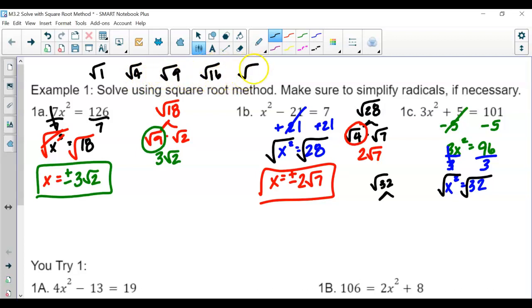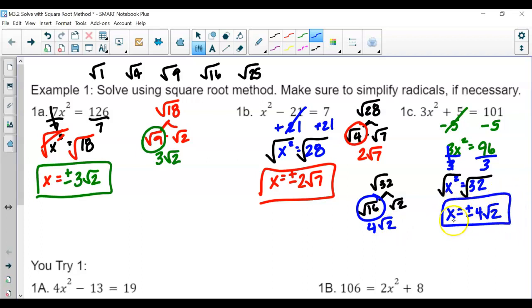I'll stop here at 25 because that's too big. But is 16 a factor? Yes. 32 divided by 16 will give you 2. So now what is radical 16? 4. So 4 radical 2. So that's why here x is equal to plus or minus 4 radical 2.